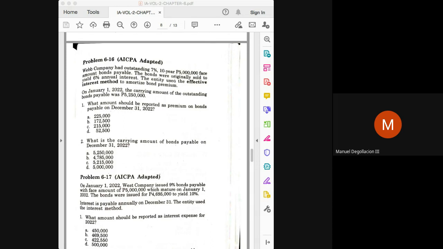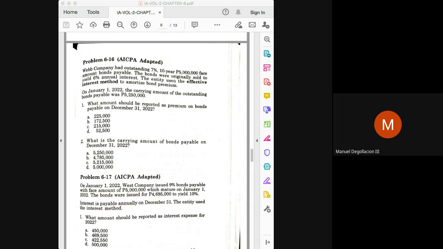Since it's fixed, the amount we computed for 2022, which was 350,000, is the same amount we compare to the interest expense for 2023. How did we get the 350,000? It was 5 million times 7%. So 350,000 minus 312,900 will give you the amortization on the premium for 2023, and that would be 37,100.